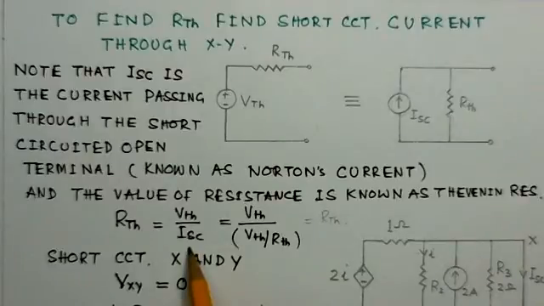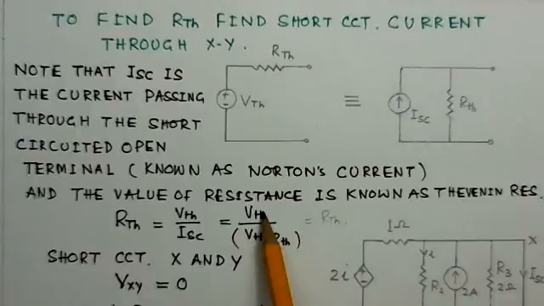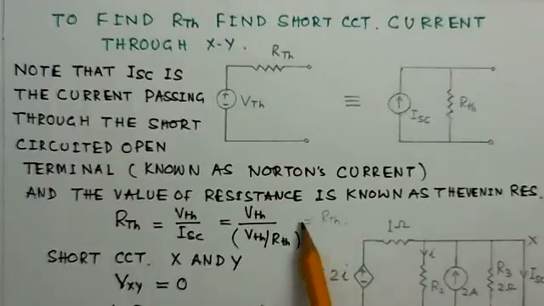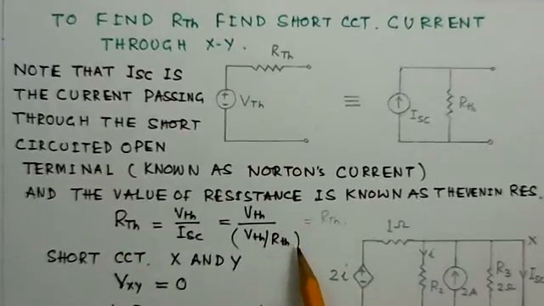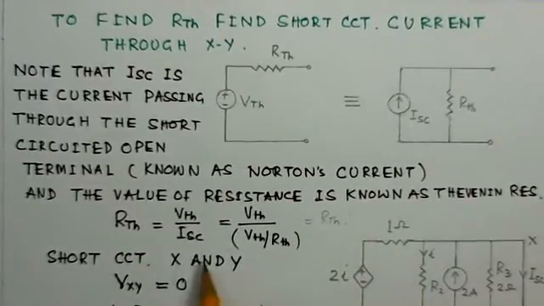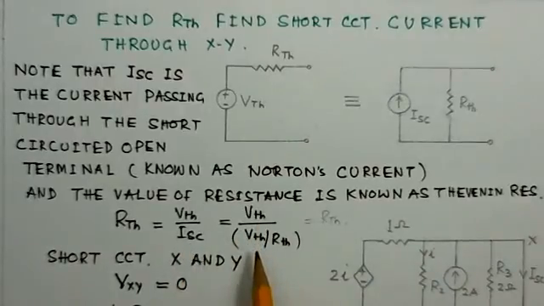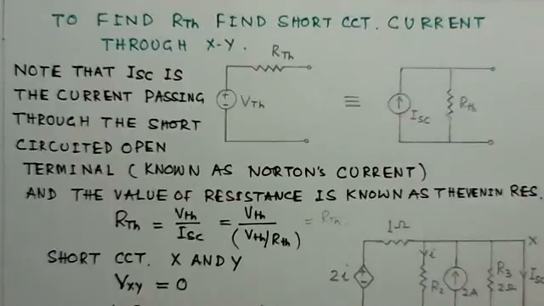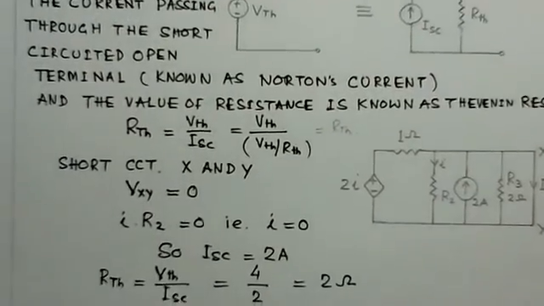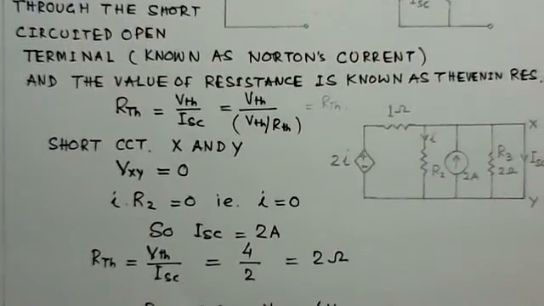Since the short circuit current is Vthevenin divided by RTH, it is the same. So if we can find the ISC, that short circuit current, then we can very easily find the value for RTH.